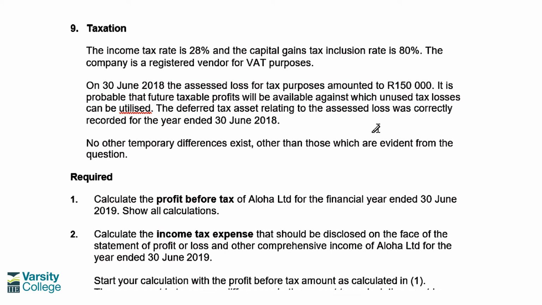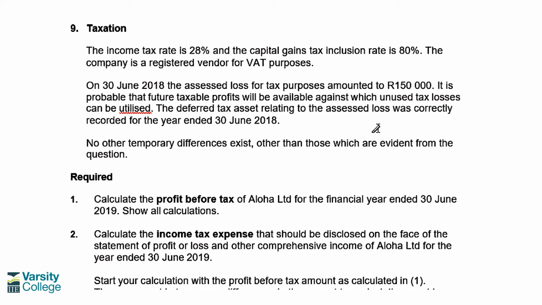It's probable that future taxable profits will be available against which unused tax losses can be utilized. What does that actually mean? That sentence is very NB, so let's unpack what it means. Remember, IAS 12 is very clear about creating deferred tax assets.